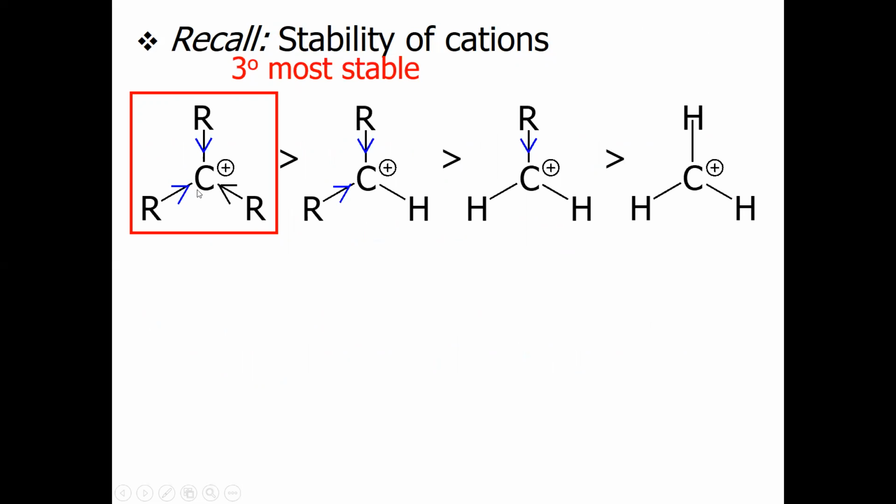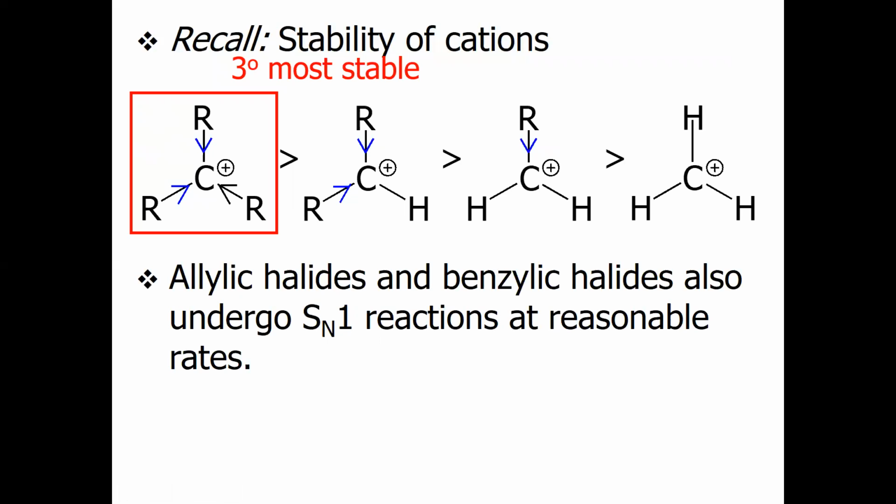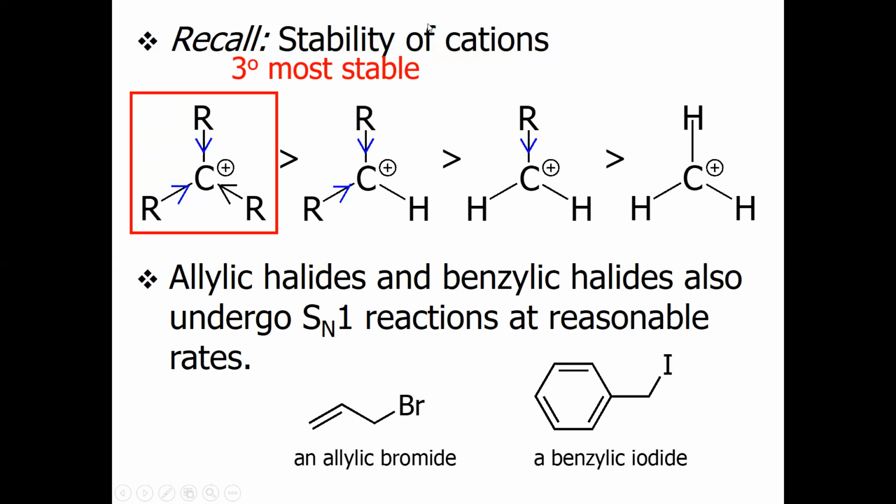The more substituted the carbocation, the more stable it is because of the inductive effect as well as hyperconjugation. So allylic halides and benzylic halides also undergo the SN1 reaction because they have resonance stabilization.